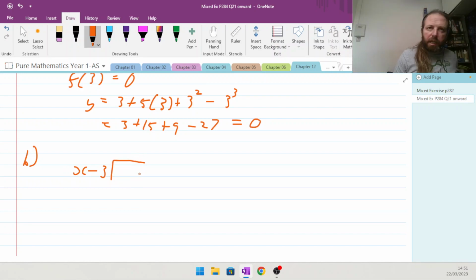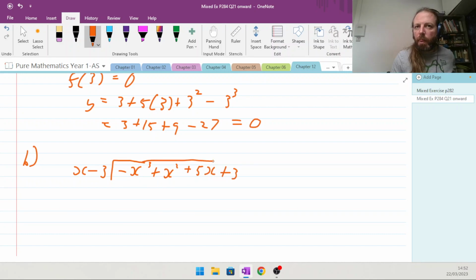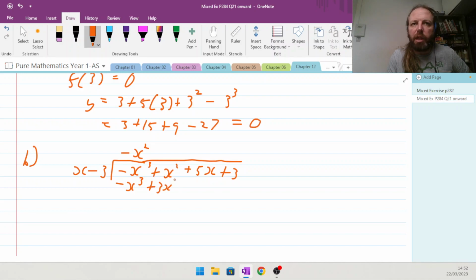I'm just going to write it in the opposite order. Minus x cubed plus x squared plus 5x, getting the signs right, plus 3. Okay, start doing the division on that then. So what do we need up here? We need a minus x squared, so that minus x squared times x gives us minus x cubed, and that will give us plus 3x squared.